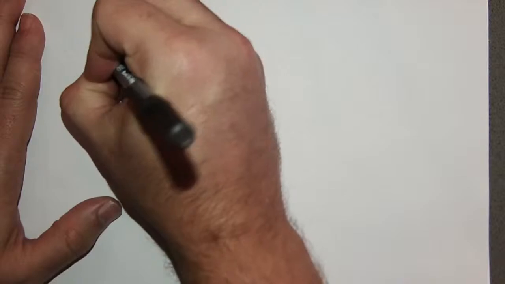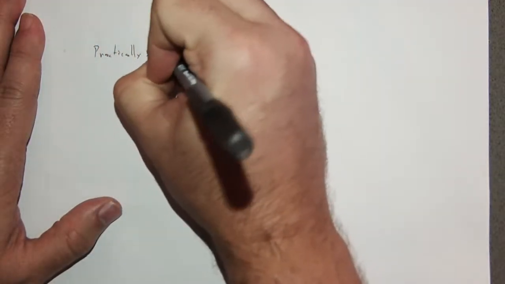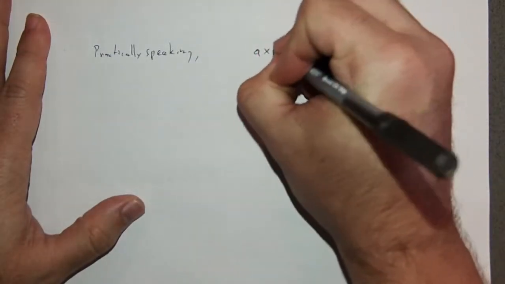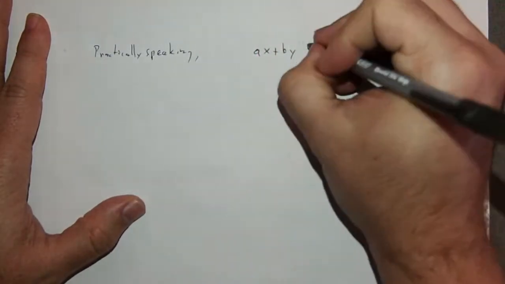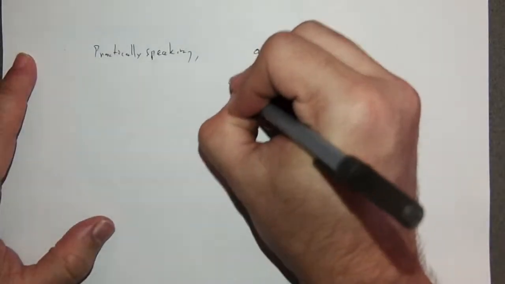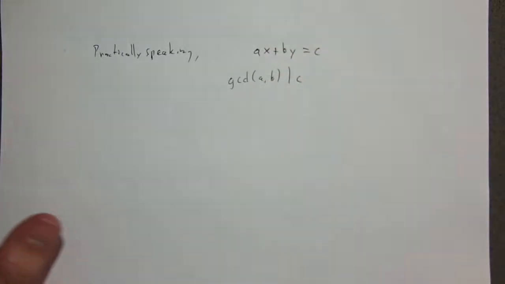It makes sense to actually say something in particular. How does this work practically? So practically speaking, what is it that I have? I start out with an equation ax plus by is equal to c. Now I know that I only have a hope of finding integer solutions to this if the GCD of A, B divides C, right?